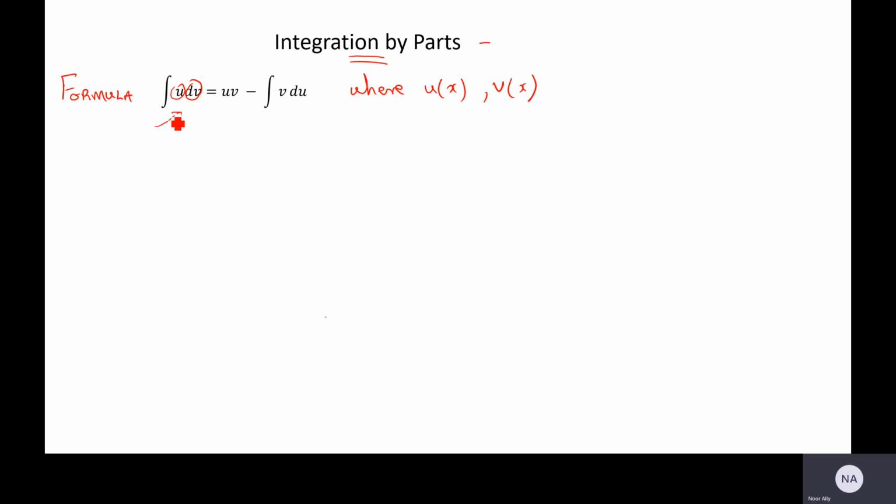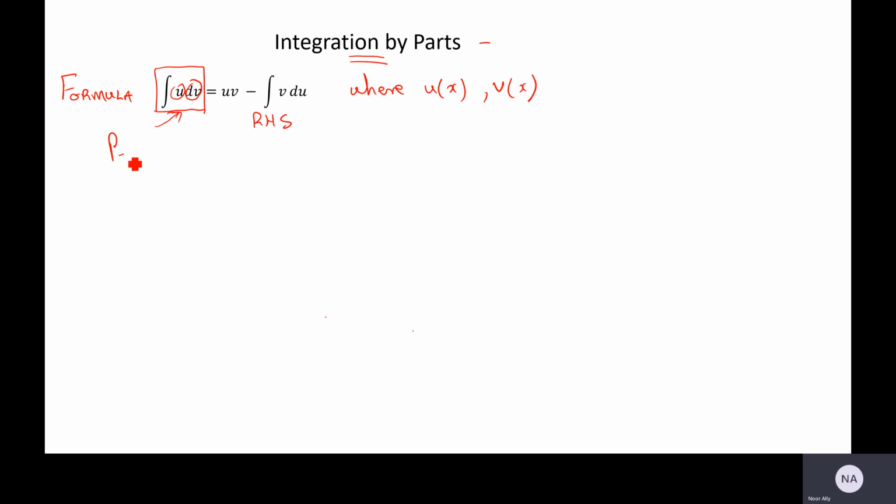Now we are going to be presented with a particular integral that is composed of two functions that are multiplied, and we're going to arrange it in such a way that we allow one part to be equal to U, the other dV, and when that is chosen correctly, we then simply use the corresponding right-hand side.